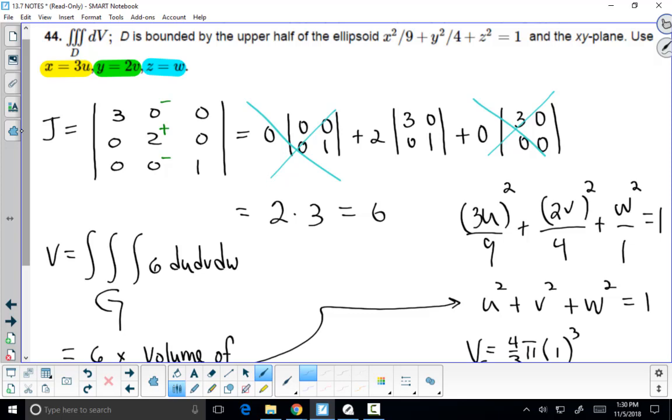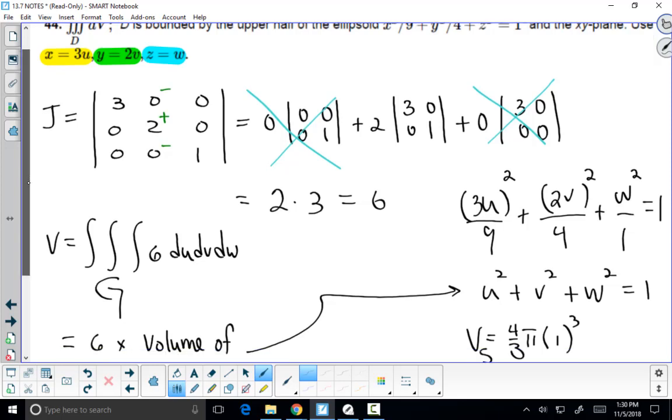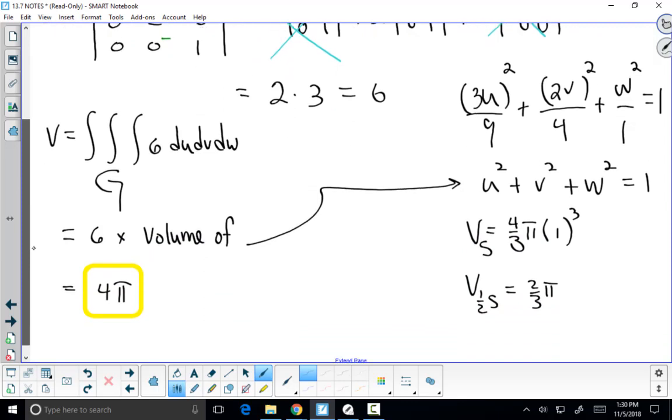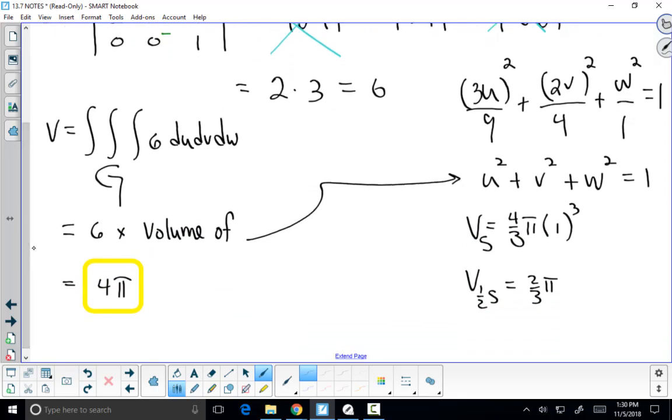But can we extend that idea? When we look at the sphere equation, it's 4/3 pi r cubed. So would the volume of an ellipsoid be 4/3 pi times whatever letters we want to use? Let's find out.